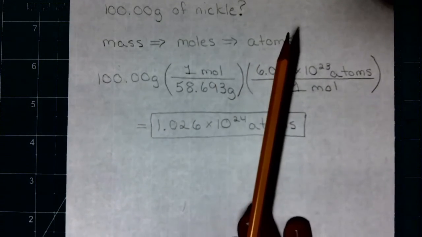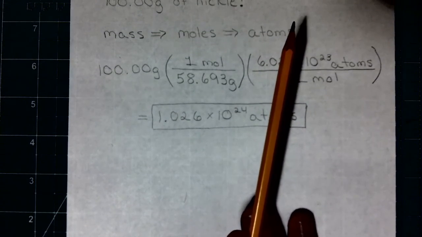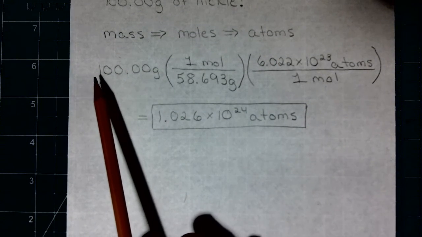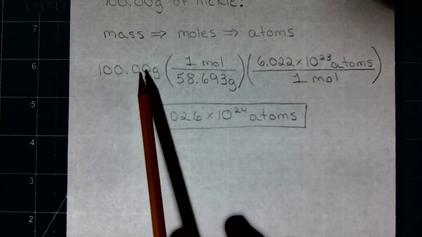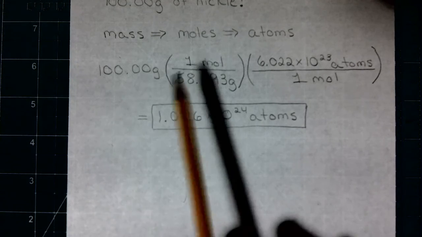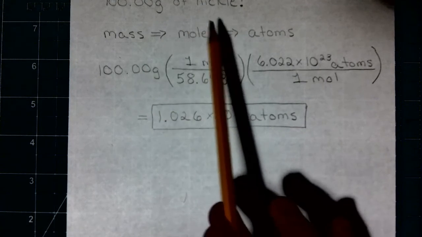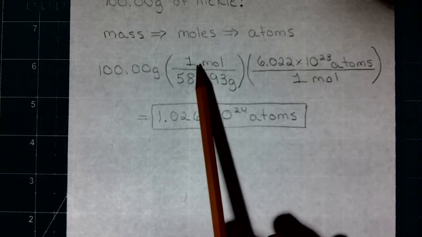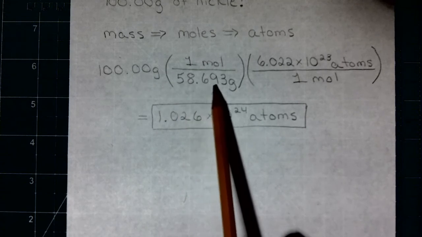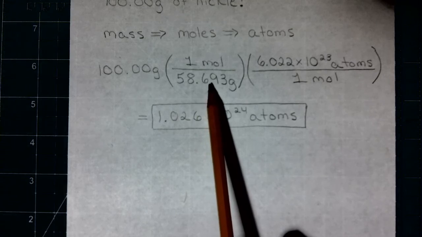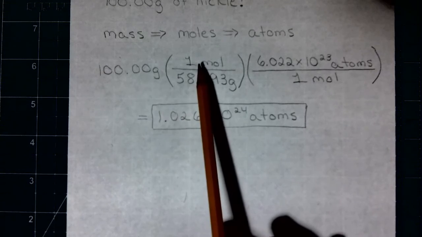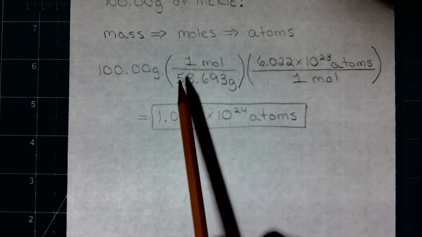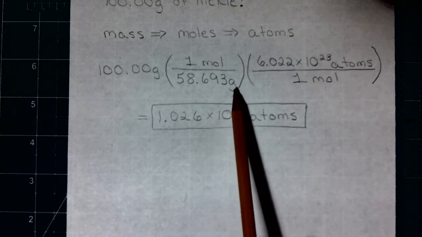And we can do this all in one expression. So first we start off with our mass, 100.00 grams. We then want to know how many moles there are. And we know that for nickel, it has an atomic mass of 58.693. So for every 1 mole of nickel, there are 58.693 grams.